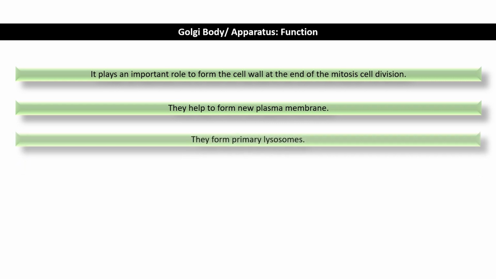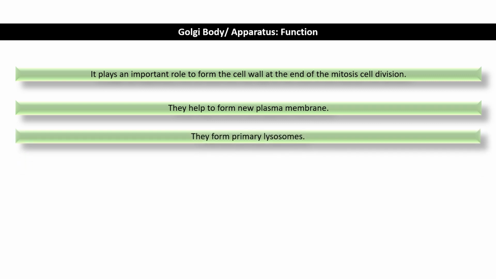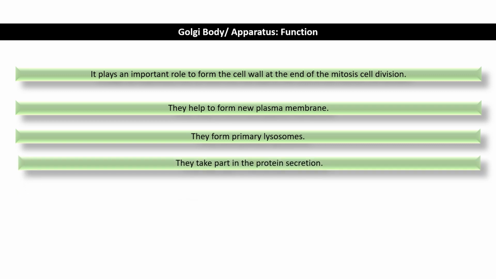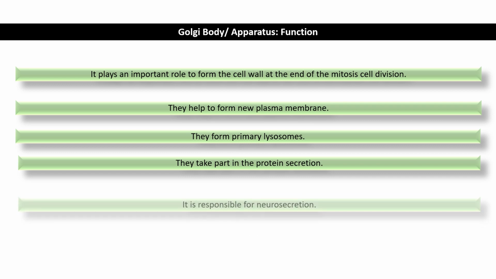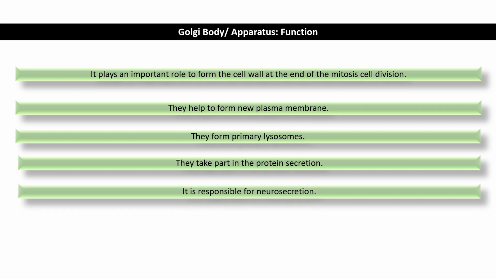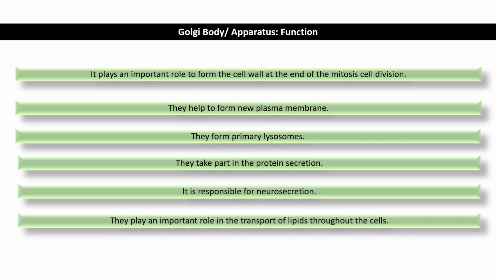Next, they form primary lysosomes, and they take part in protein secretion. Protein secretion is a function of the Golgi body. It is responsible for neurosecretion, and they play an important role in the transport of lipids throughout the cell.